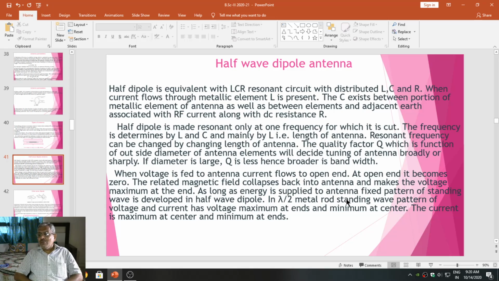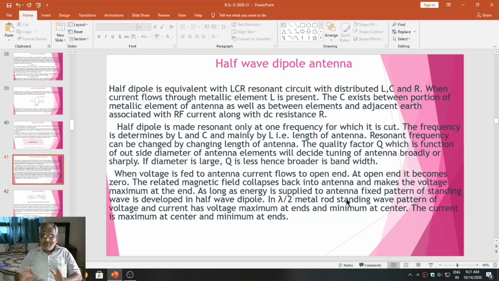When a radio frequency signal containing the signal voltage is fed to the feed point of the dipole, the current starts flowing from one open end to the other open end. At the open end, it becomes zero.